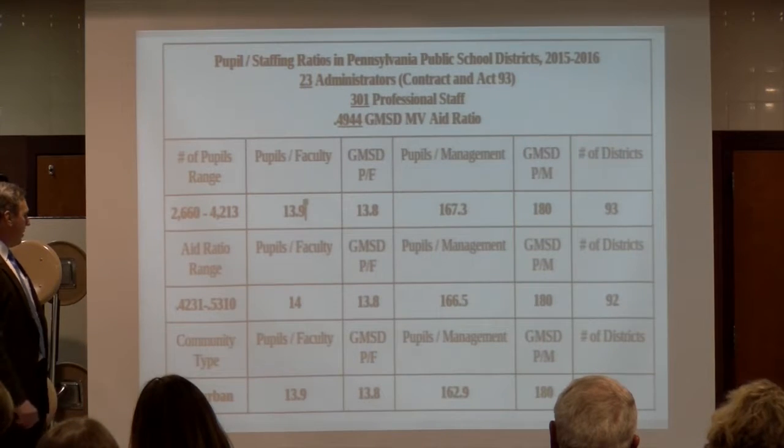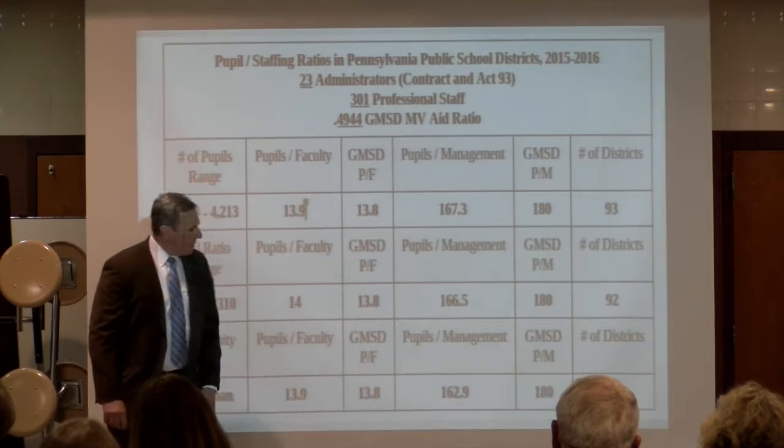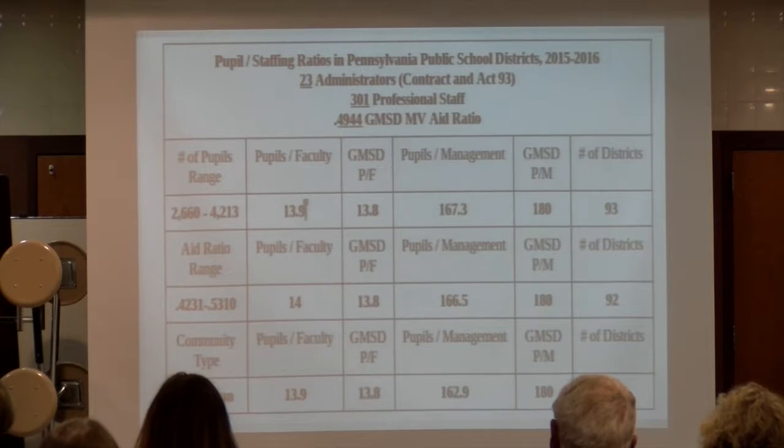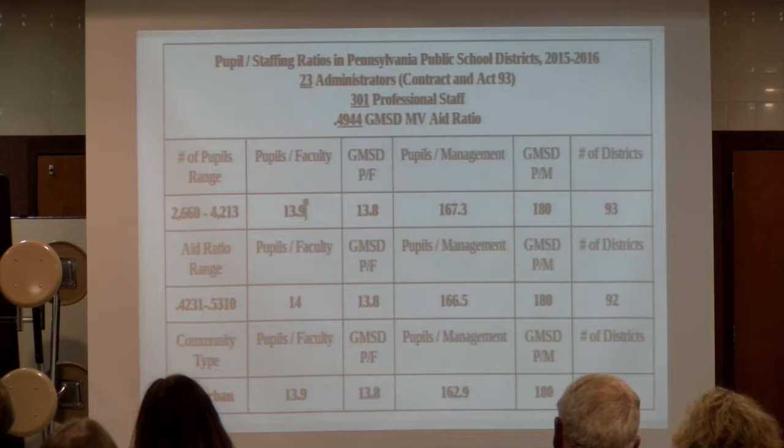We were over that, at 180. And then community type, suburban, and the ratios there. So that's another measure when a person was asking about some comparative data. That's a piece I think to point out when we talk about staffing, which makes up such a significant part of our budget.